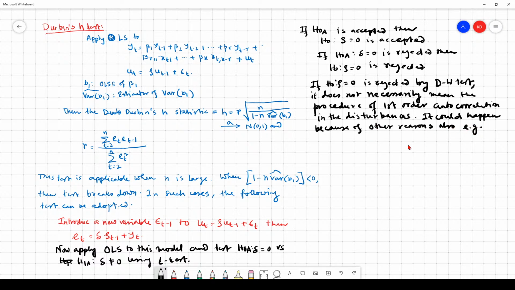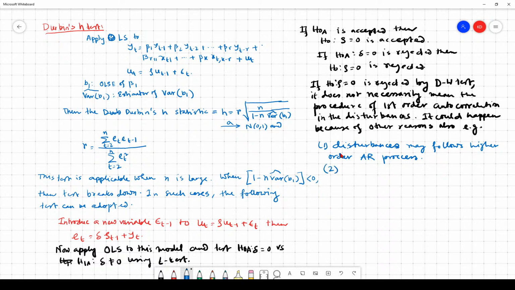For example, the disturbance may follow a higher order autoregressive process.